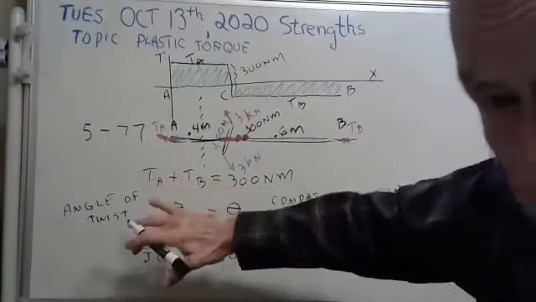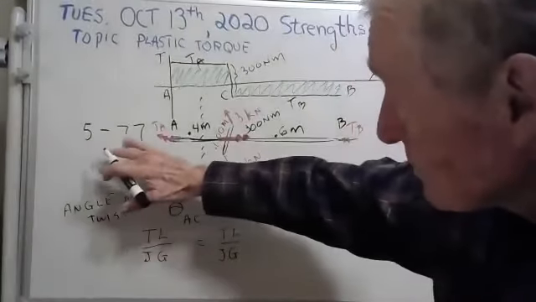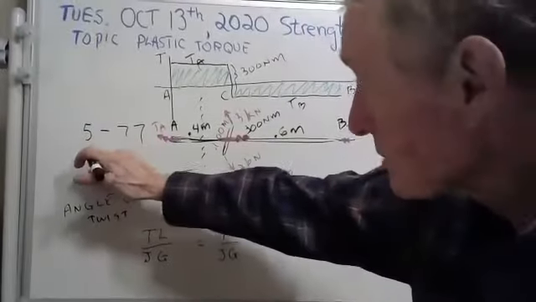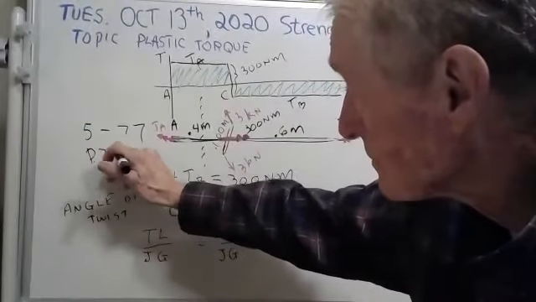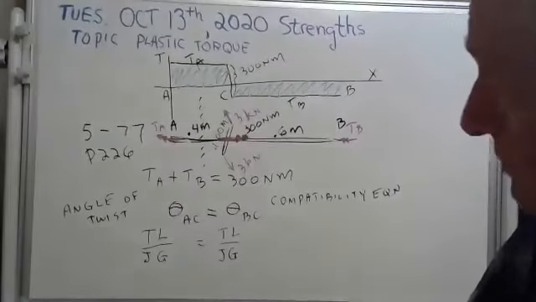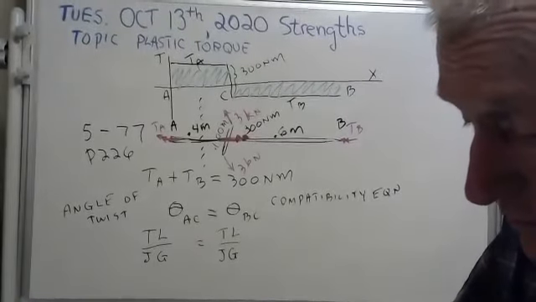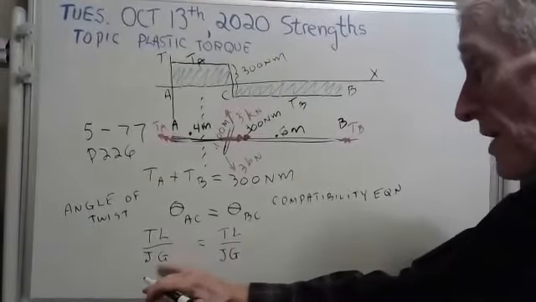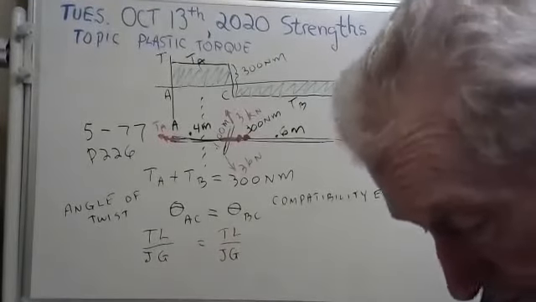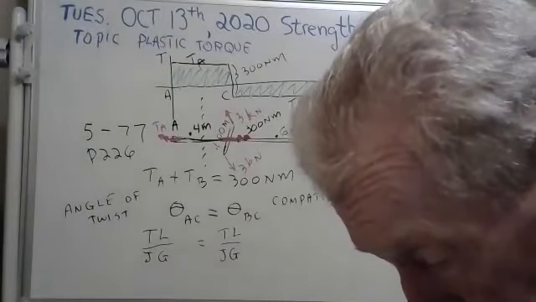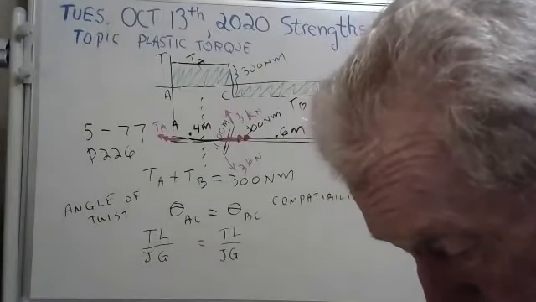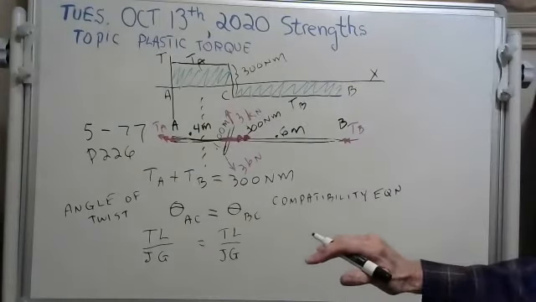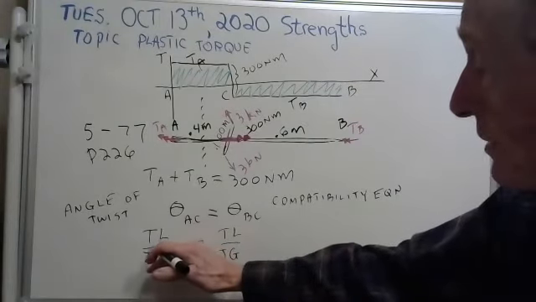If you just tuned in from a daydream, we're doing 577. It's on page 226. And we're cooking up the compatibility equation. So if they're the same, and the J's are the same, they even give you the diameter there, see it? You could just write, we better label these though.